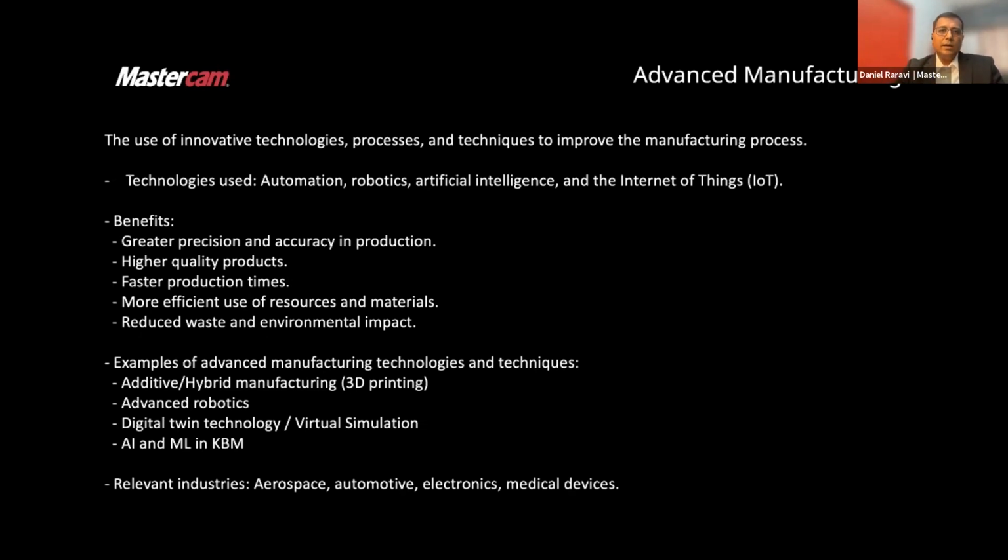And finally, of recent, we are trying to minimize the detrimental effects manufacturing has on the environment. So advanced manufacturing looks at using technology and information in order to give these benefits.